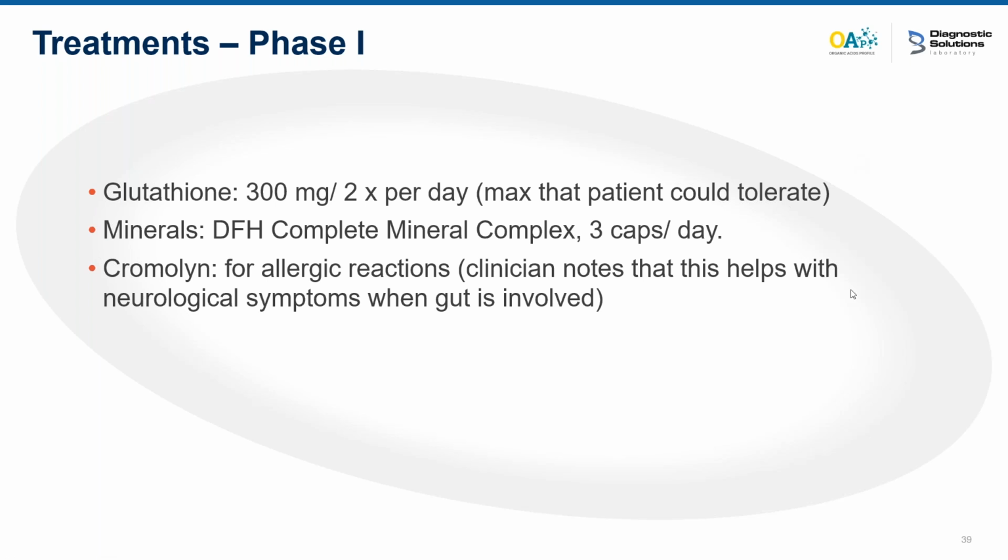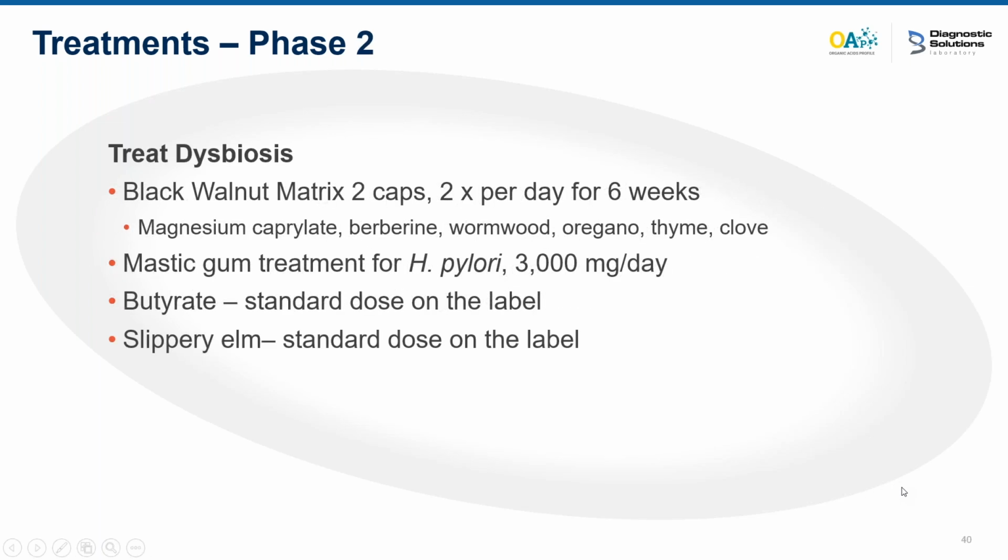That you would give chromalin to help address food allergies and food sensitivities. But the clinician, who is experienced, mentioned that she notes this helps with neurological symptoms in patients where the gut is involved. So, I mean, presumably it's helping break down proteins and reduce the allergenicity of things in the diet, and that could help a patient who's struggling. And that's my guess of the mechanism of action there.